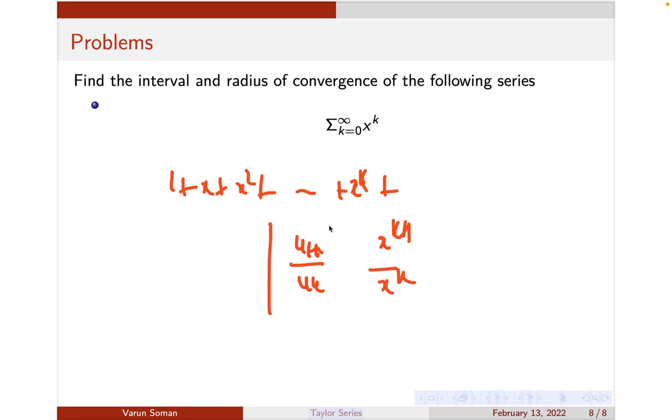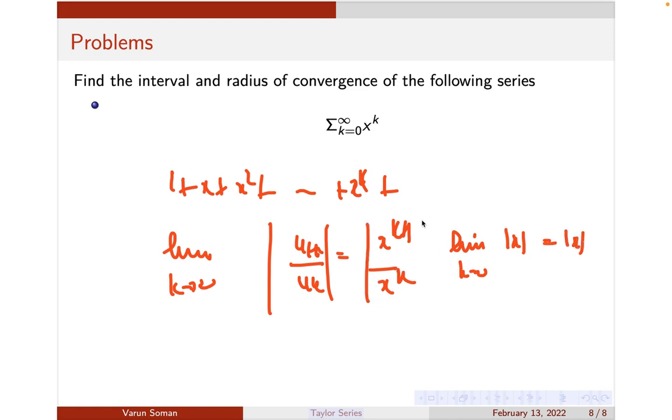I look at the absolute term test: the limit as k tends to infinity of u_{k+1} by u_k, which is the limit of x raised to k plus 1 by x raised to k. This value is actually equal to mod x, because I am taking positive terms here. I know that this series will be convergent if this limit is less than 1, and divergent if this limit is greater than 1. So what I will say?